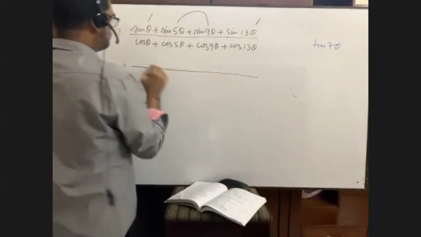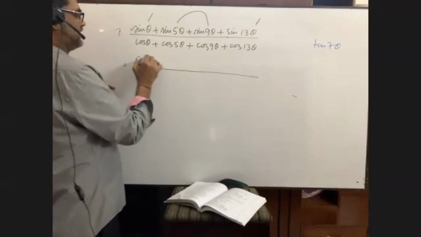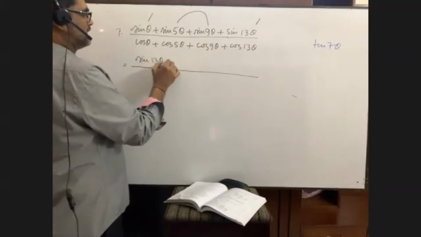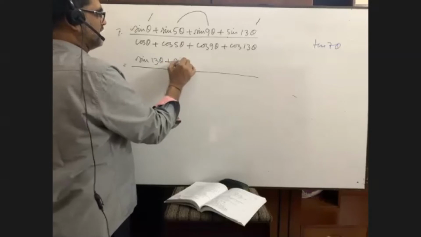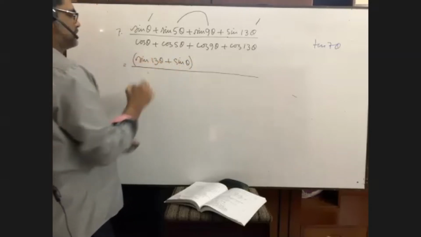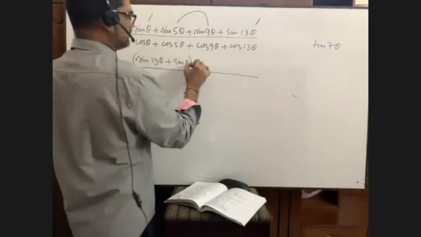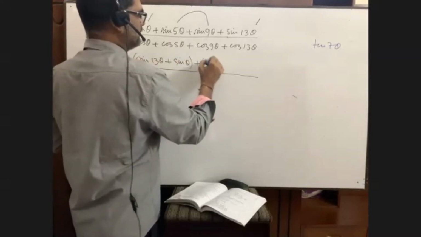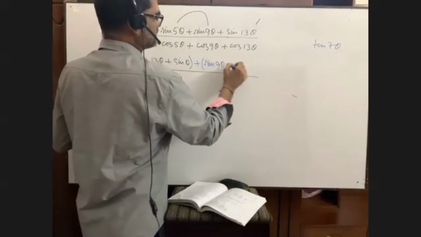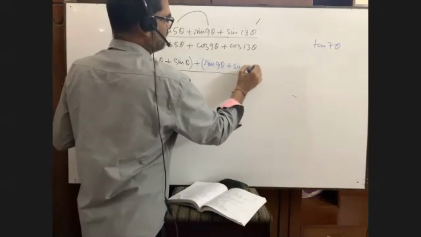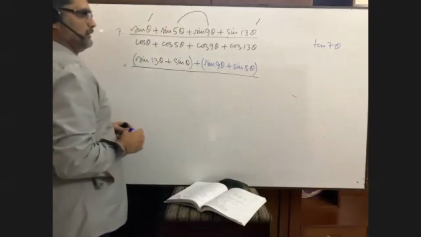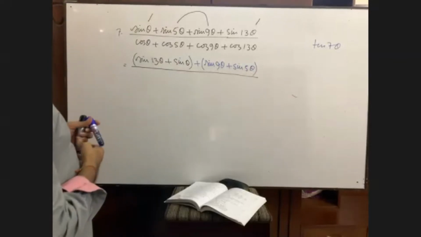That means we have to do the math like this: sine 13 theta plus sine theta to be kept, and sine 9 theta plus sine 5 theta to be kept within the first bracket.